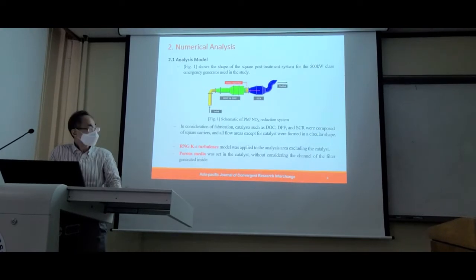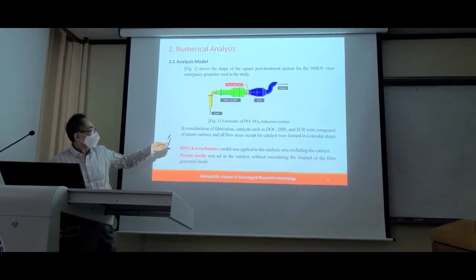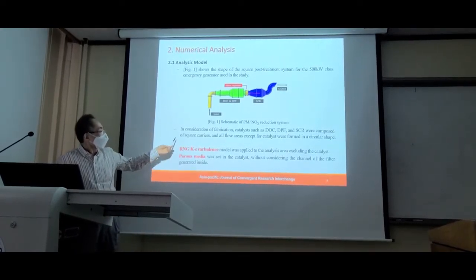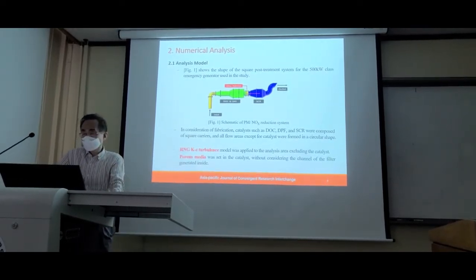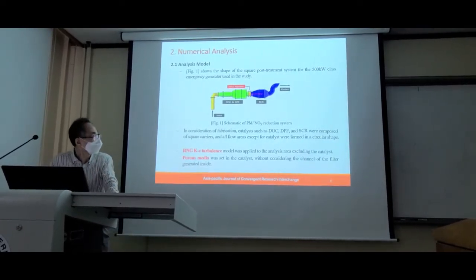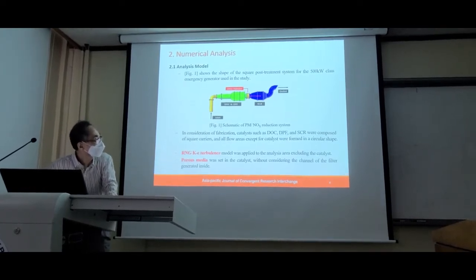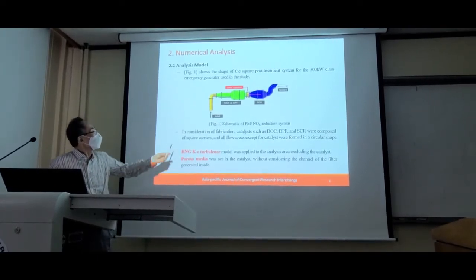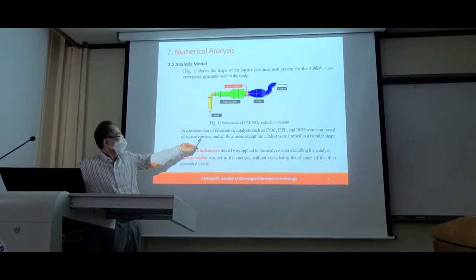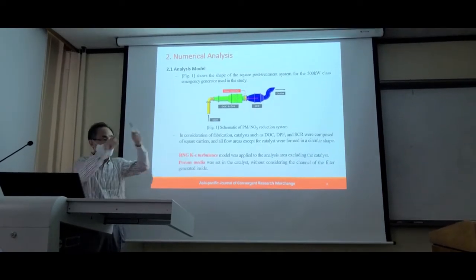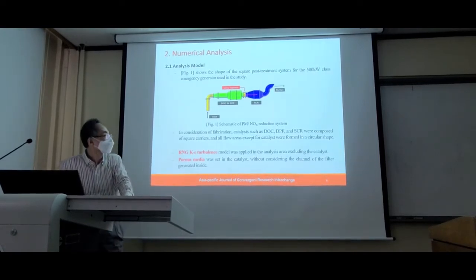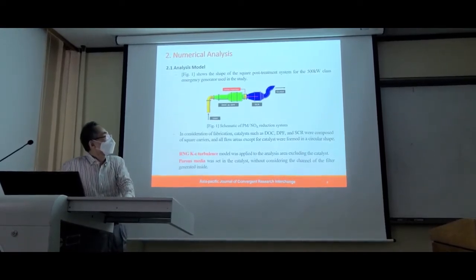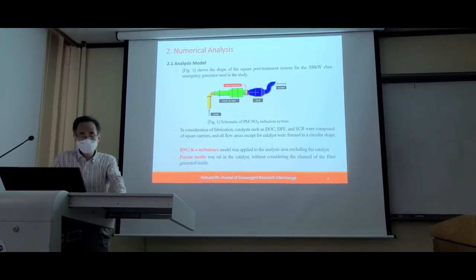Another thing, let's go back to the method. In consideration of fabrication, catalysts such as DOC, DPF and SCR were composed of steel substrate like this one, and all areas except for the catalyst were formed in circular shape.